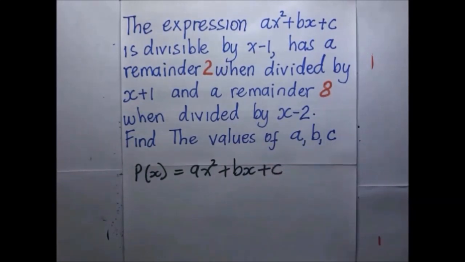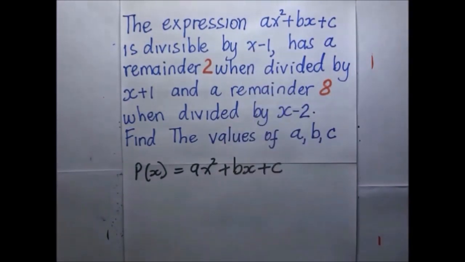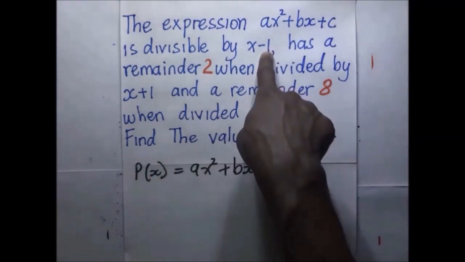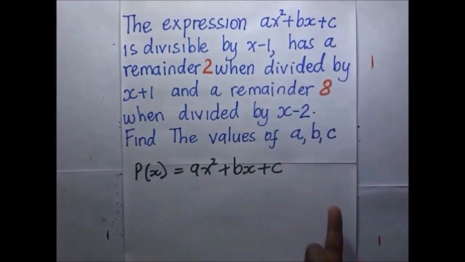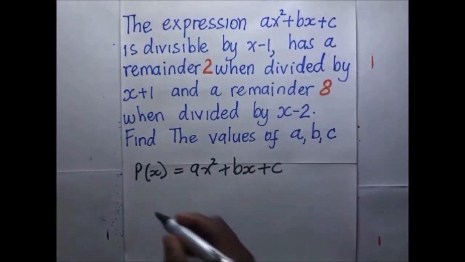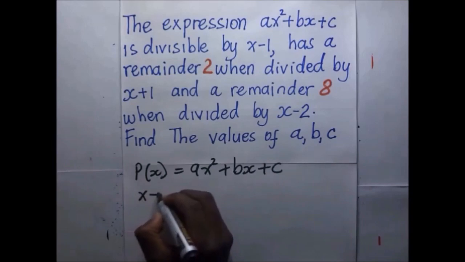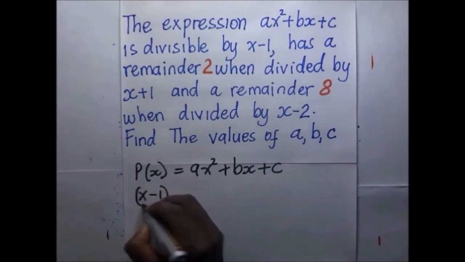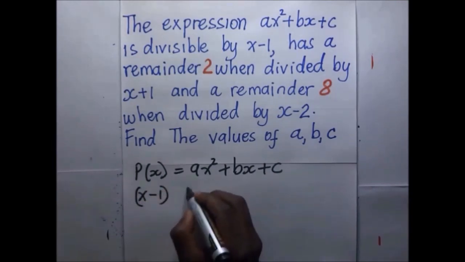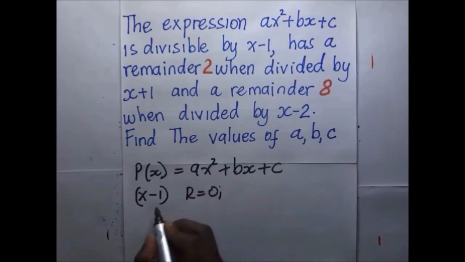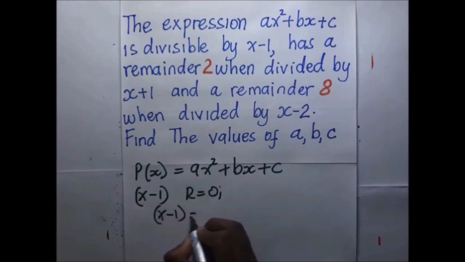That is our polynomial. Now if our polynomial here is divisible by x minus 1, and there is no remainder, or when the remainder is 0, it means that for the polynomial, when the value of x is 1, it is equal to 0. What do I mean? I mean that if x minus 1 gives you a remainder of 0, it means that x minus 1 should be equal to 0.